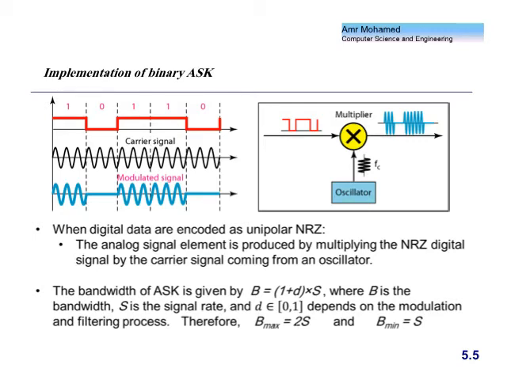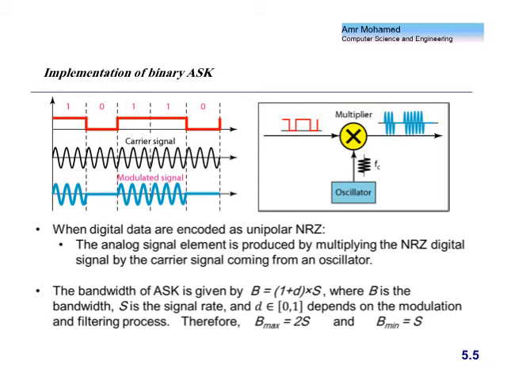And the bandwidth is given by this formula, which is 1 plus d times s, where s here is n. So here s is n, right? Which means that the minimum bandwidth is s.